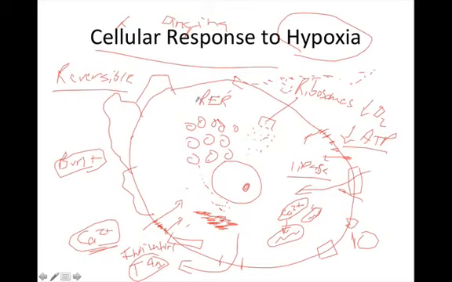Now, how quickly it takes to get from the reversible side of injury to irreversible depends on the tissue we're talking about and how hypoxic it is. If we're getting to the point of ischemia, where blood flow is dramatically reduced or cut off, like I said, due to a clot or a compressed vessel, these changes are going to happen very, very rapidly.